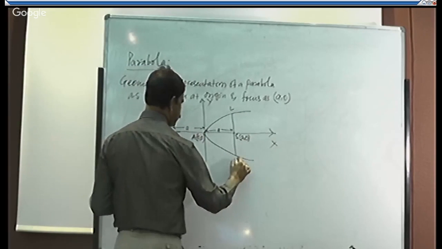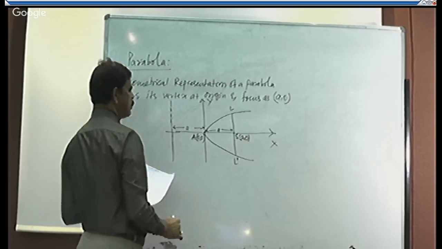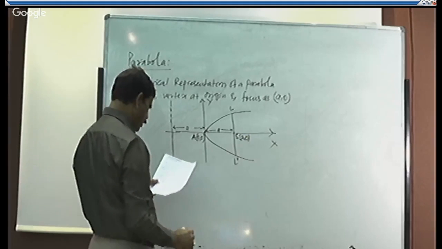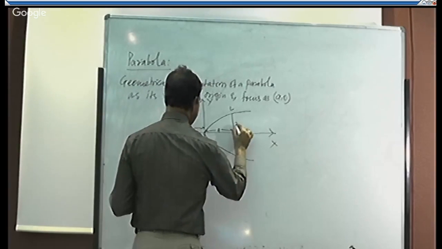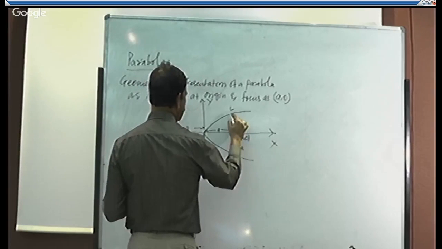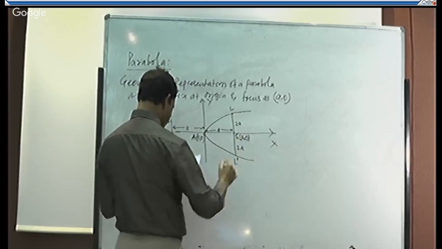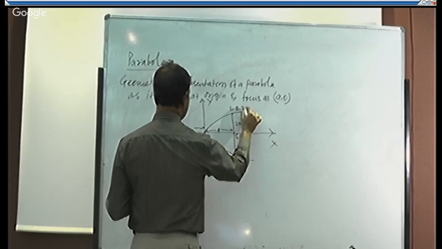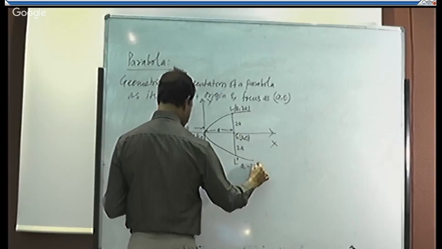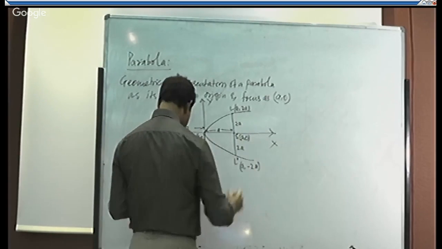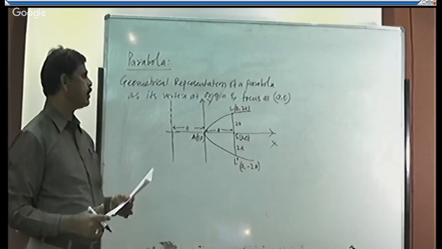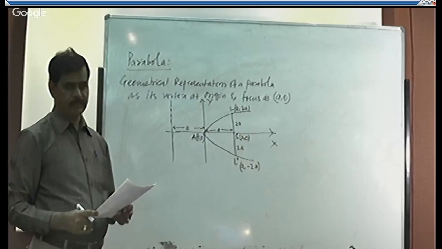L S L dash will be called the latus rectum. So this distance is 2a, and this is also 2a. Therefore coordinates of L will be (a, 2a) and this is (a, -2a). This is the geometrical representation of a parabola.